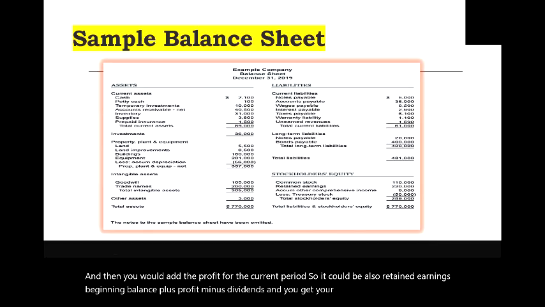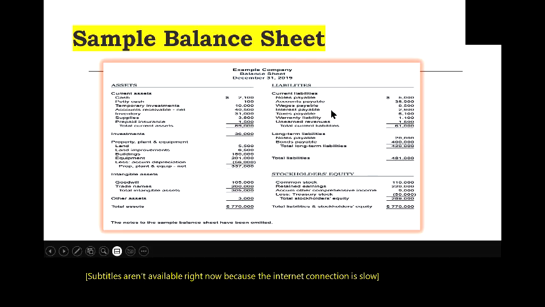What I am sharing with you is one way that the balance sheet can be presented. This is called the account form, and it's called the account form because you have assets on one side and liabilities and equity on the other.